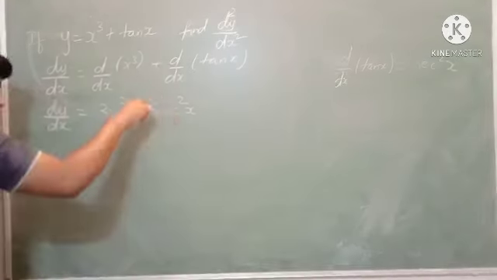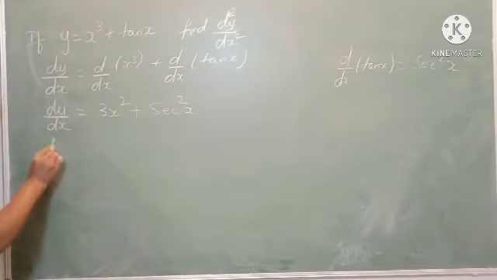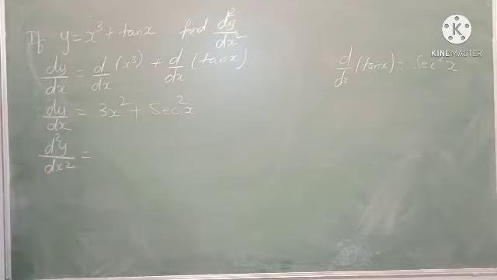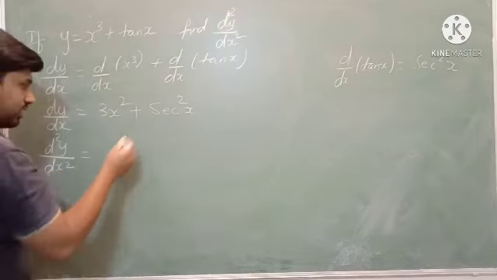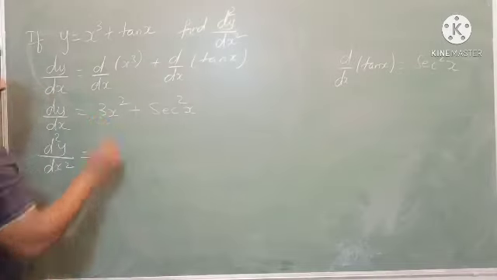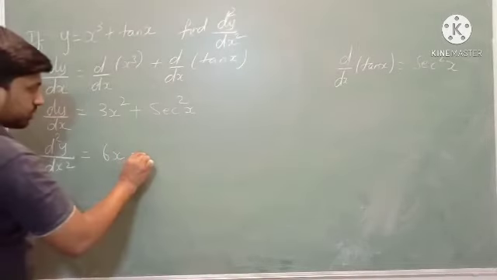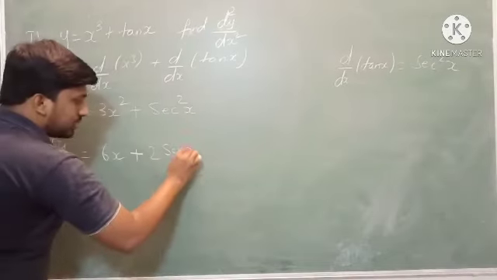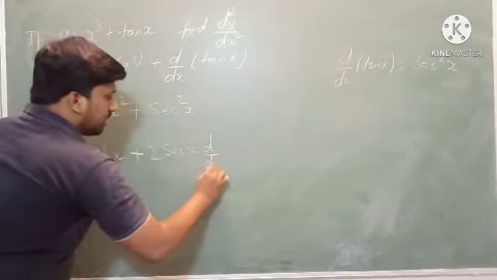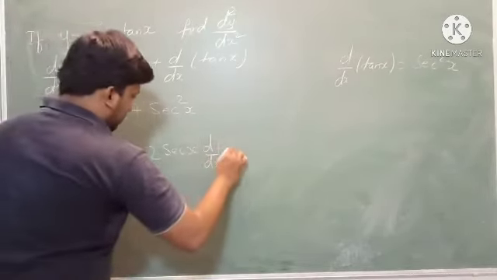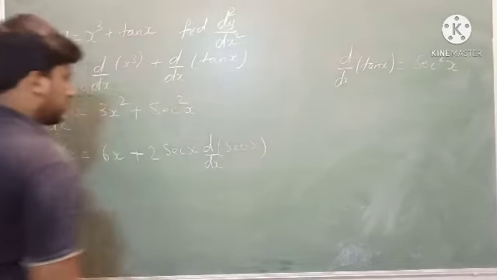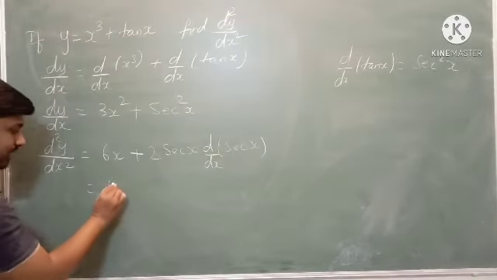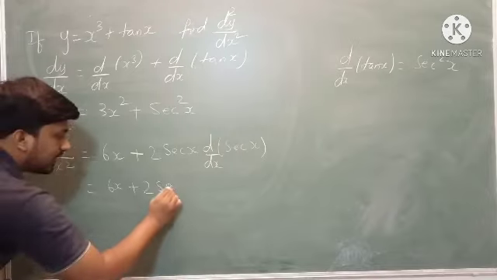So when we differentiate this again, we'll be getting d square y by dx square equal to 6x, because x to the power of n will be substituted, plus chain rule, 2 into secant x into d by dx of secant x.